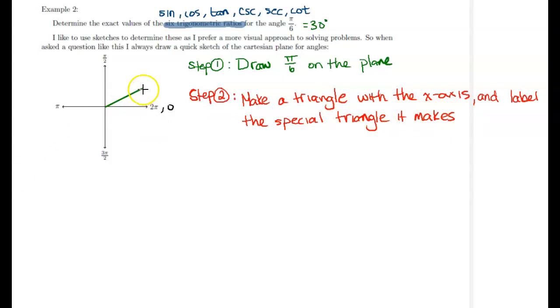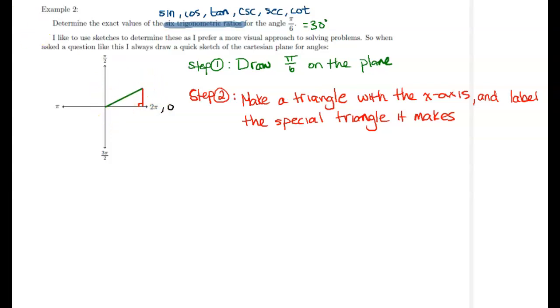So I'm going to make a triangle. I'm going to take that end right down to the x-axis here, making a triangle. And now we're going to label the triangle that this makes.